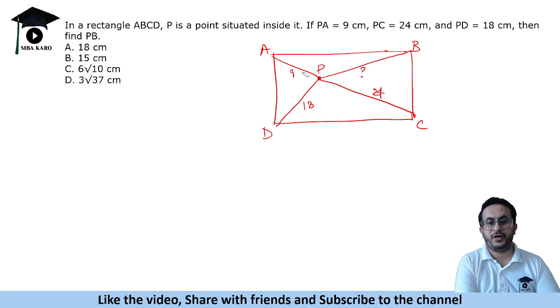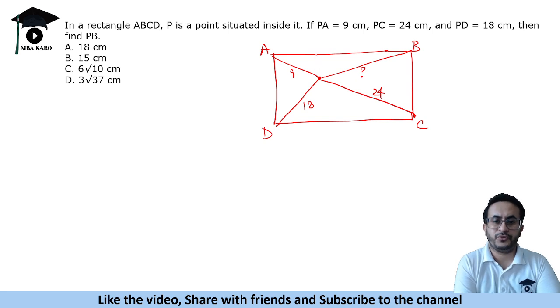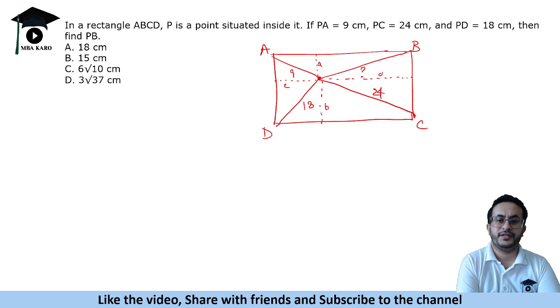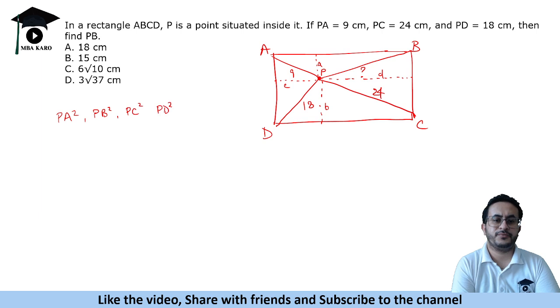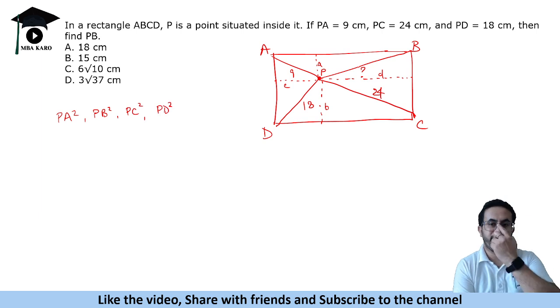So I'll give you a hint on how to get this proof. Draw perpendiculars like this, and let these lengths be a, b, c and d. Find PA square, PB square, PC square and PD square in terms of a, b, c, d, and you will get the proof.